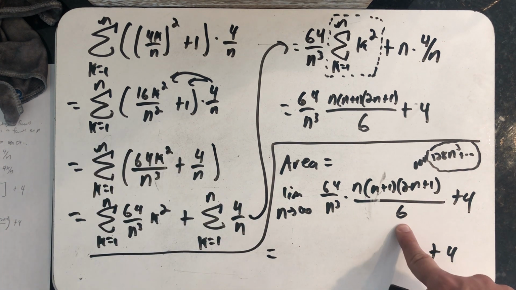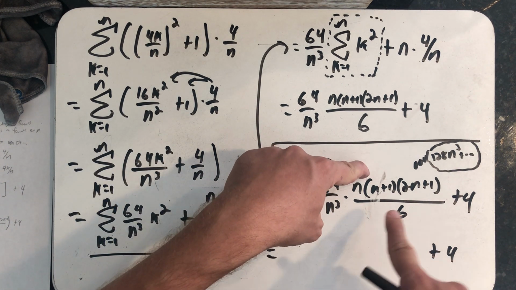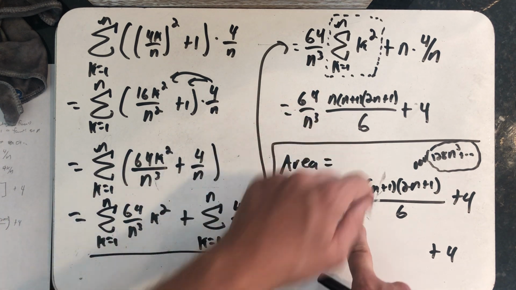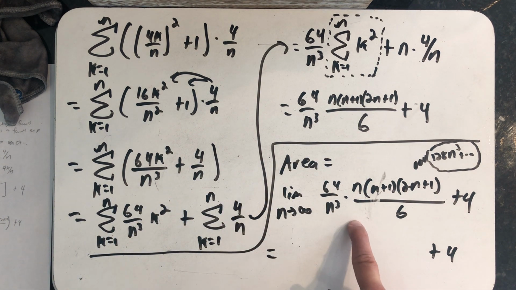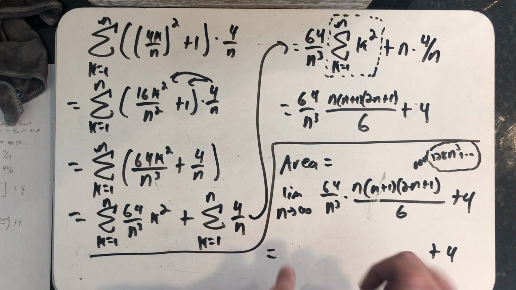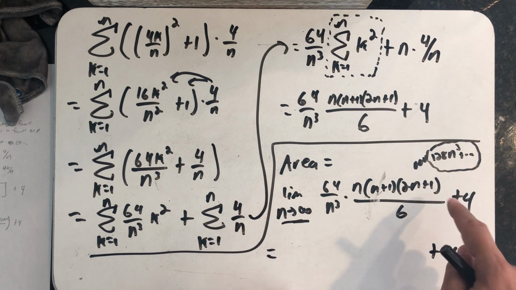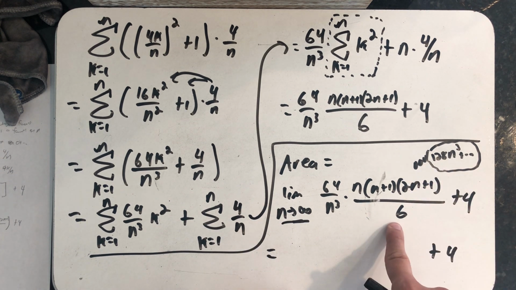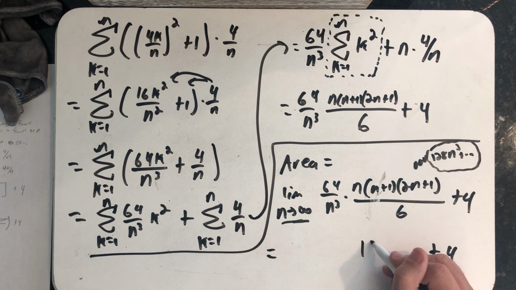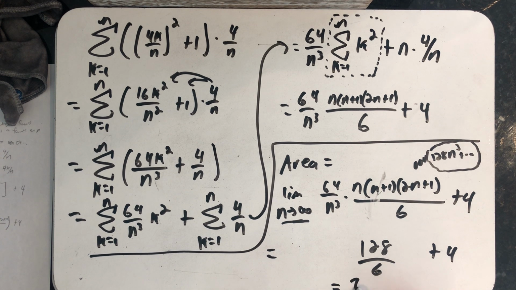And I know that when a rational function has the same degree on the top and the bottom, there's a horizontal asymptote at the quotient of the two leading coefficients. So as n goes to infinity, I'm going to get 128 over 6. So my actual area should be 128 over 6 plus 4, which, when I reduce it, is 76 over 3.